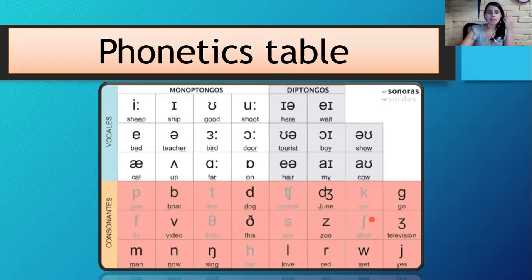Another pronunciation that is very difficult for me is this one, z. At this moment, this pronunciation is difficult for me because I confuse it a lot with the letter C. It's difficult for me to differentiate between the two.